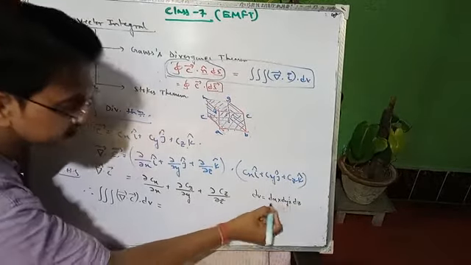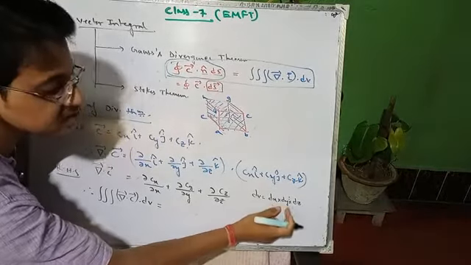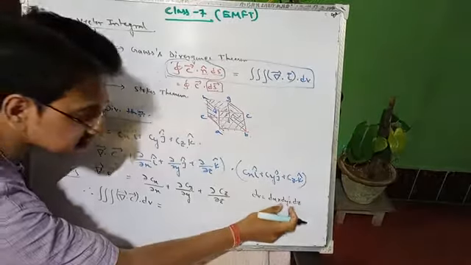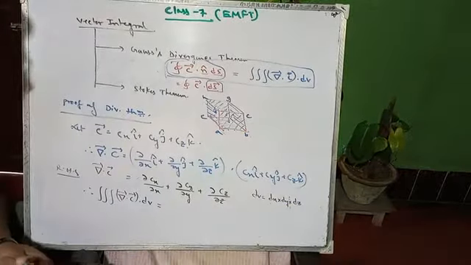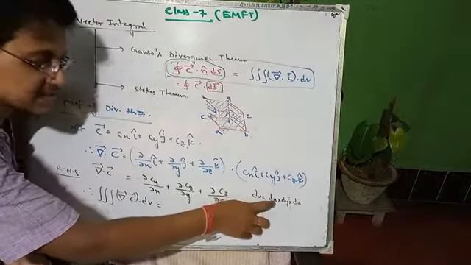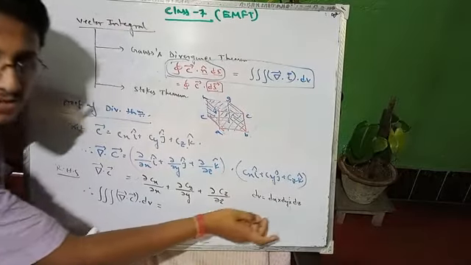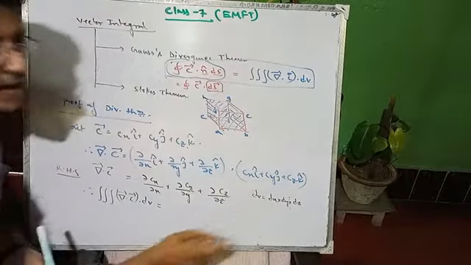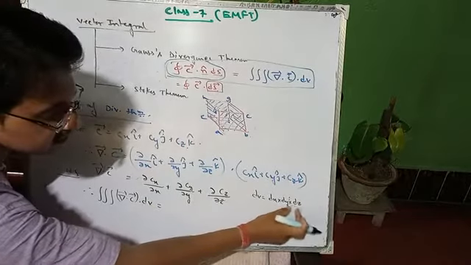That is the infinitesimal length in the x-axis, into the infinitesimal length in the y-axis, into the infinitesimal length in the z-axis. These are called the differential lengths. So dV is nothing but dx into dy into dz.